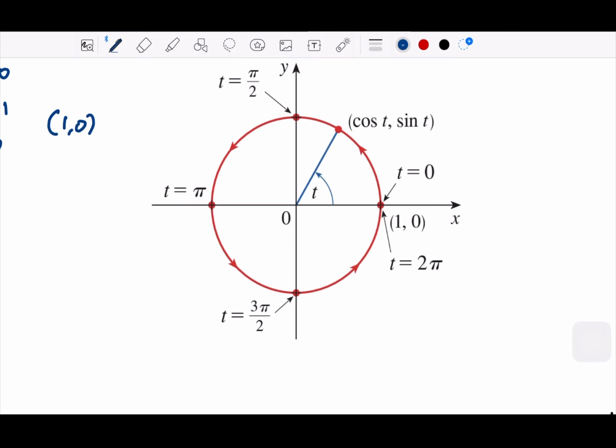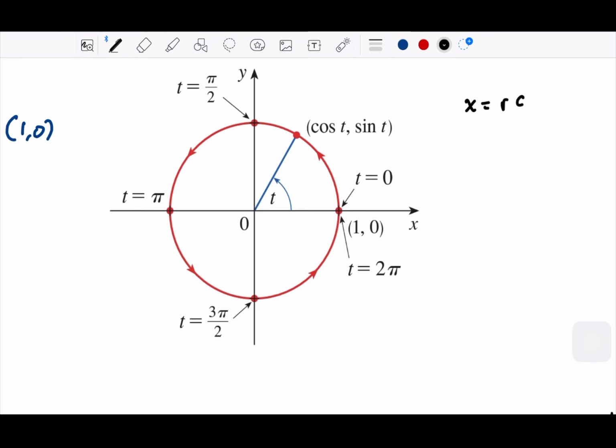If you remember how to exchange from rectangular to polar and from polar to rectangular, one way to remember is that x and y can be imagined as cosine and sine. To be precise, x is r cosine and y is r sine, which means in our case the radius is 1.